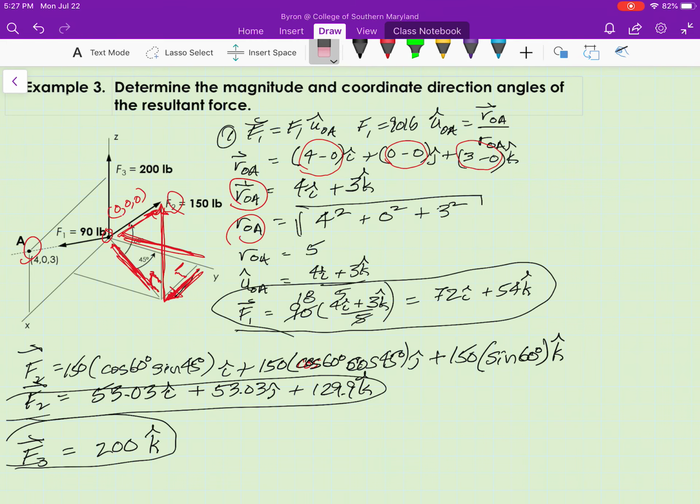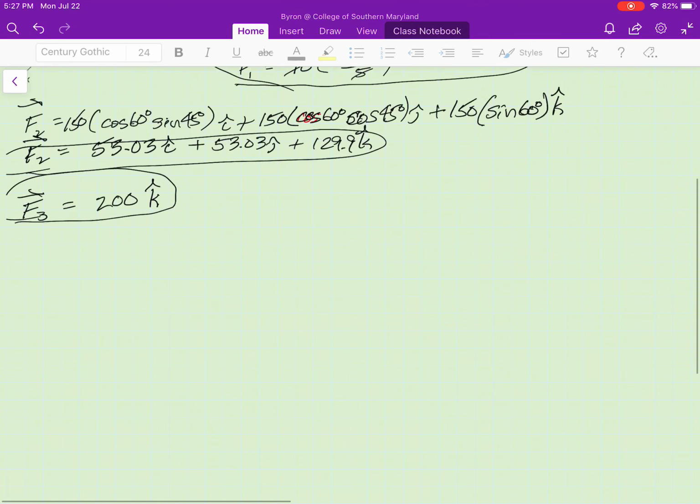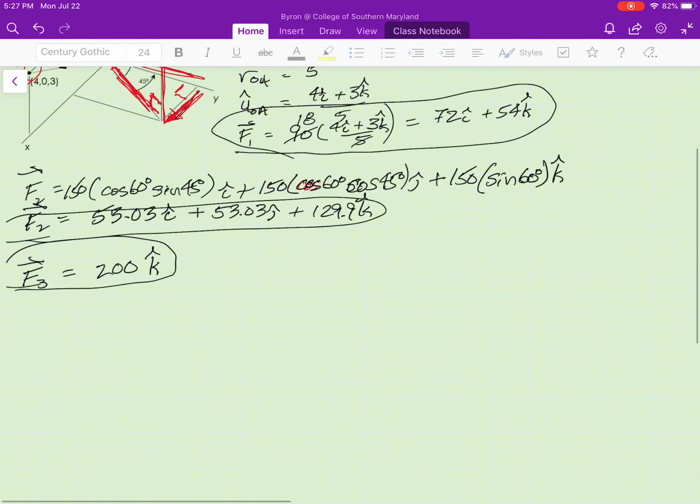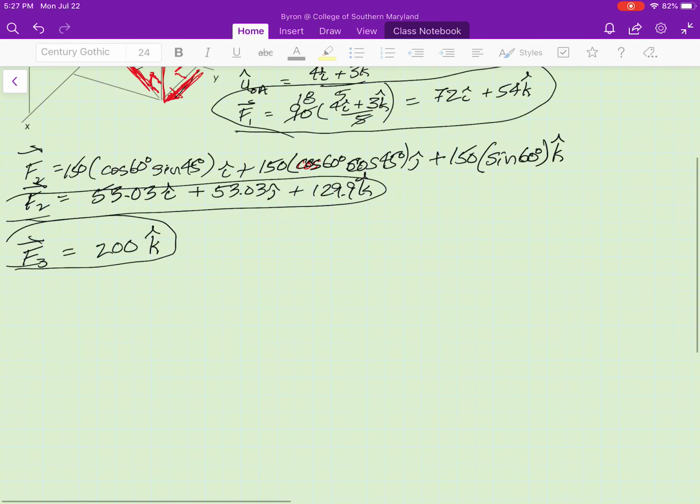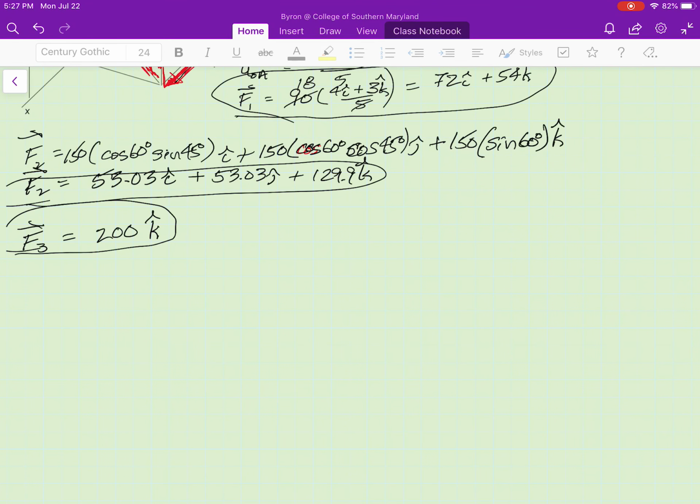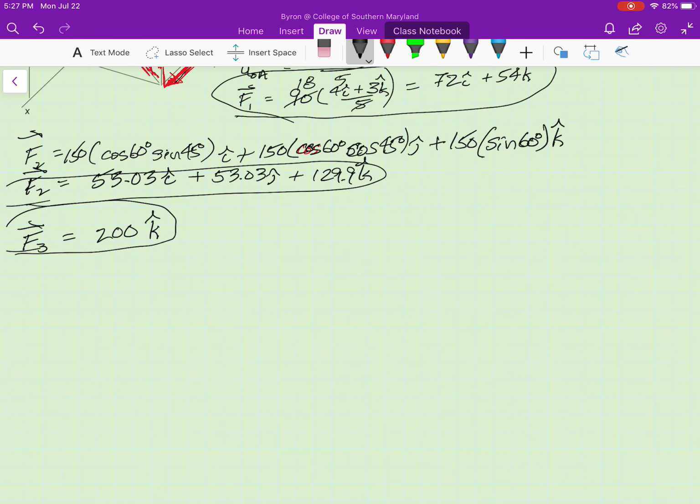Okay, so I now need to get myself some more space here. I think we can deal with this much here. Okay, so now step 2. Put step 2 here just to save some space. Step 2, now that we have all the vectors in Cartesian form, we're going to add them together.